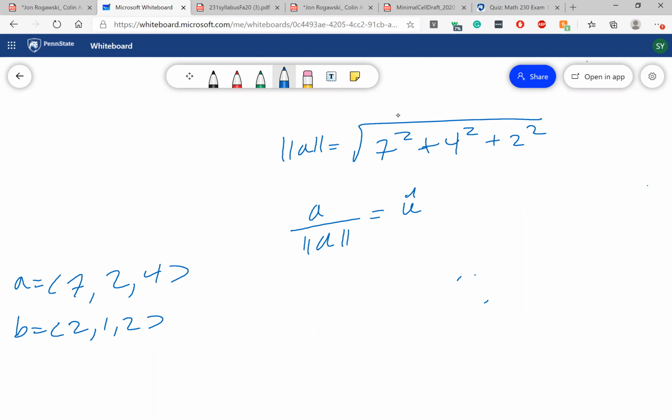Then a over the magnitude of a times 3 has magnitude 3, and then you just put a negative over here, and this is the answer. If I put in the 3, this is going to be negative 21, negative 6, and negative 12, all of this over the magnitude of a, which I'm just going to leave.